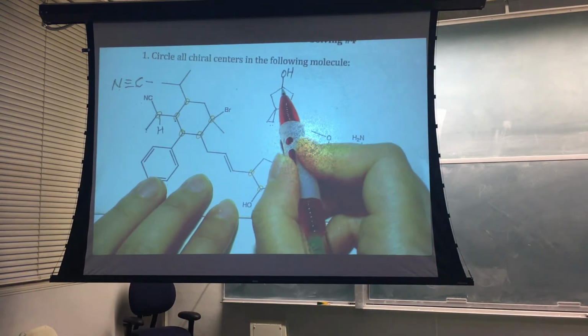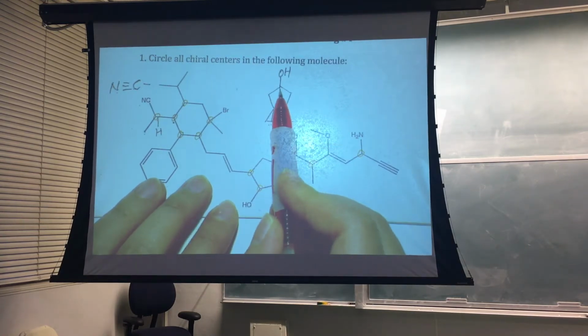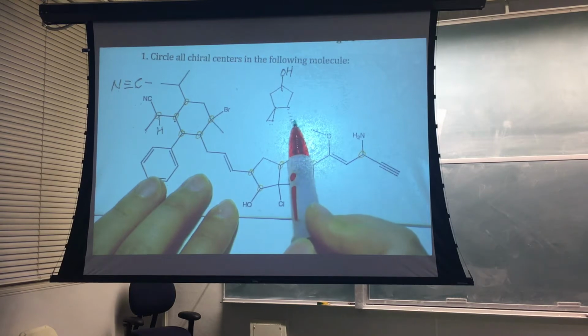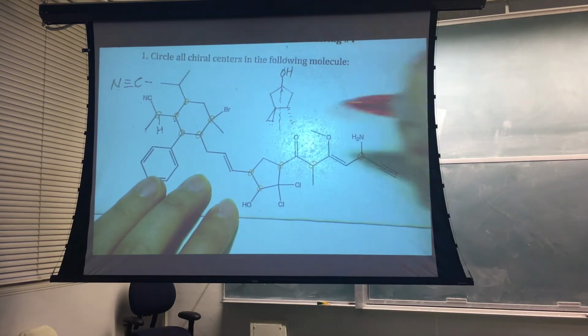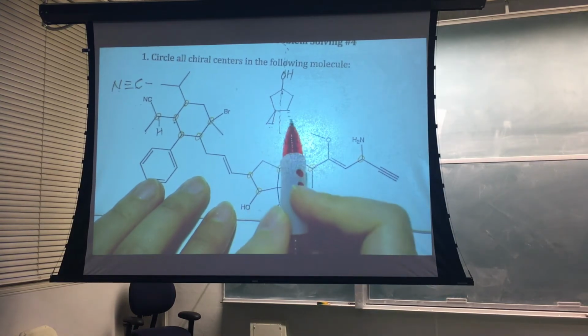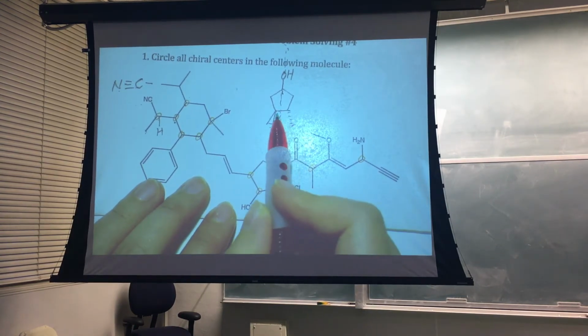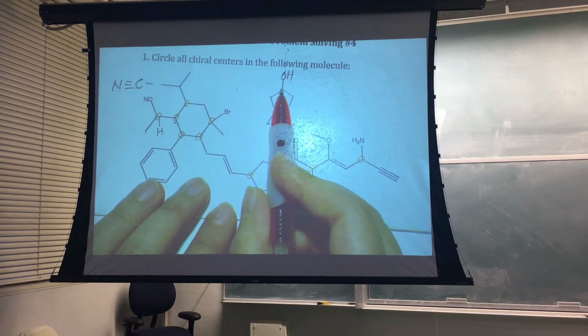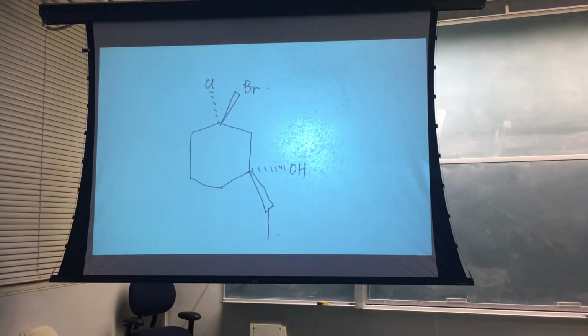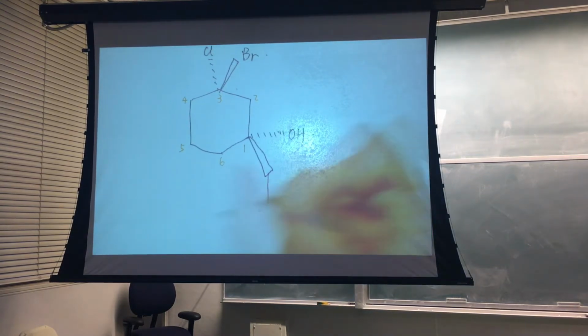This carbon looks like it's a chiral center because, oh, you see this is not the same thing. But actually, it has a mirror. Although wedge and dash are different, it's still a methyl group. So this carbon is not a chiral center. That's a very common mistake. Still the nomenclature, nomenclature first.